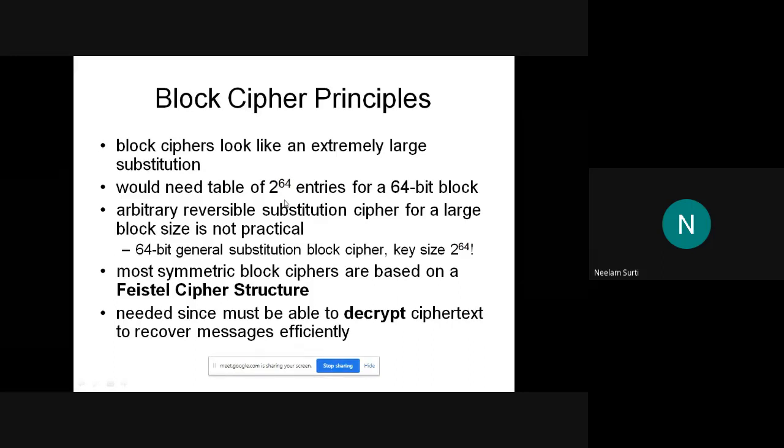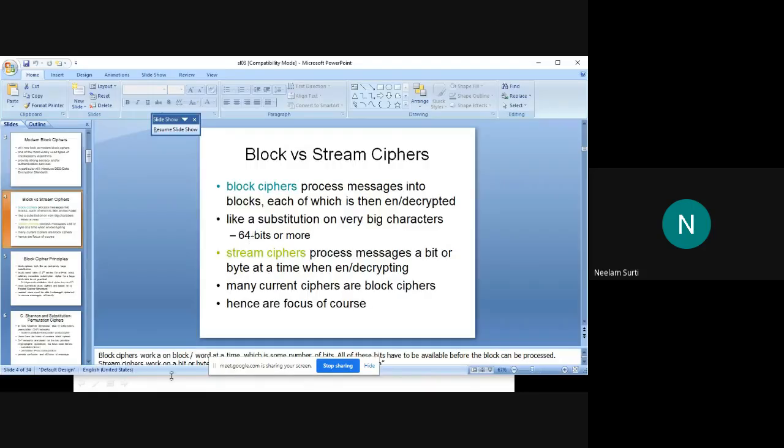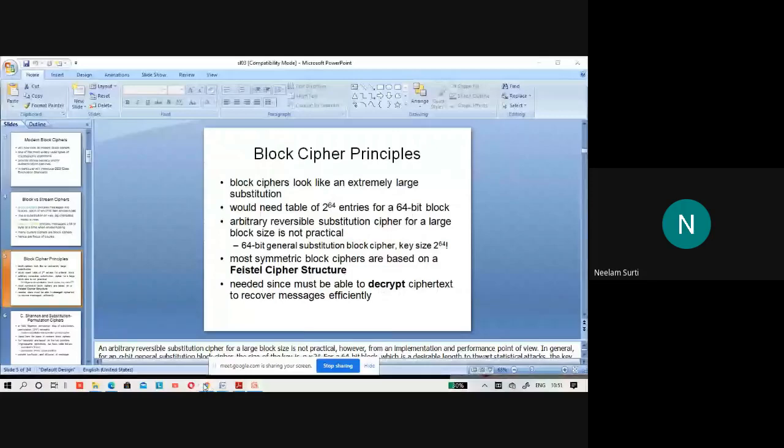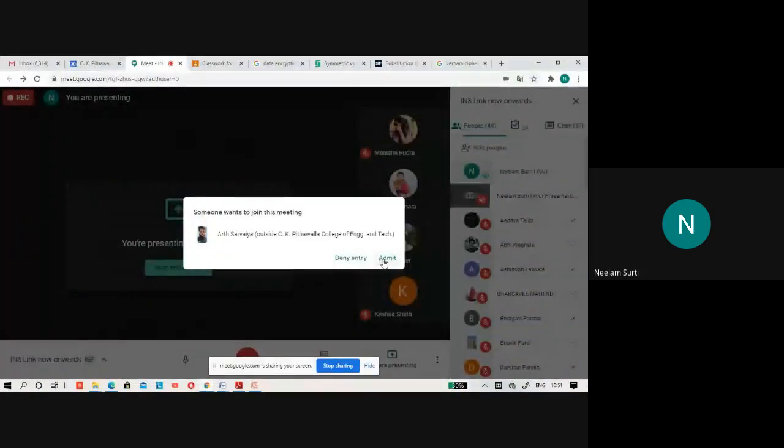Because of that, it is considered that an arbitrary reversible substitution cipher for a large block is not at all practical. Arbitrary reversible means what? From the ciphertext, I want to get the plaintext back. The problem with this block cipher is what?